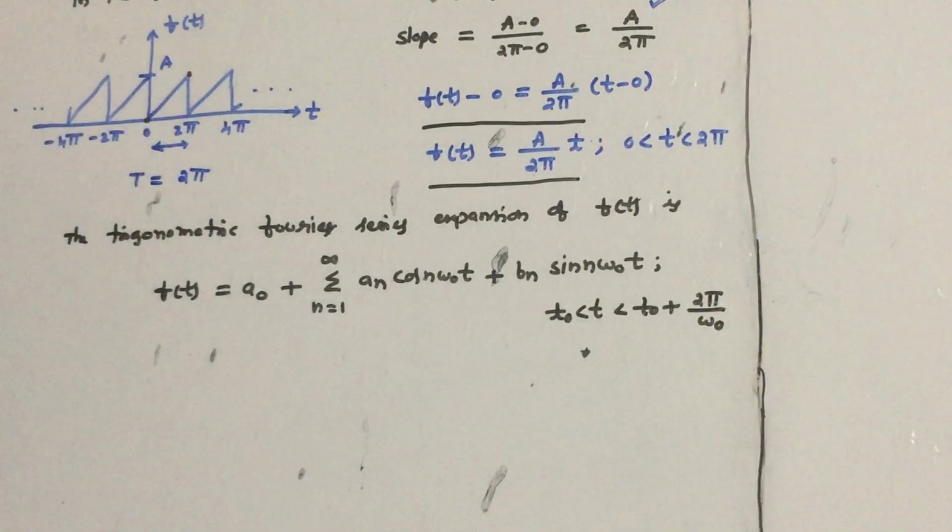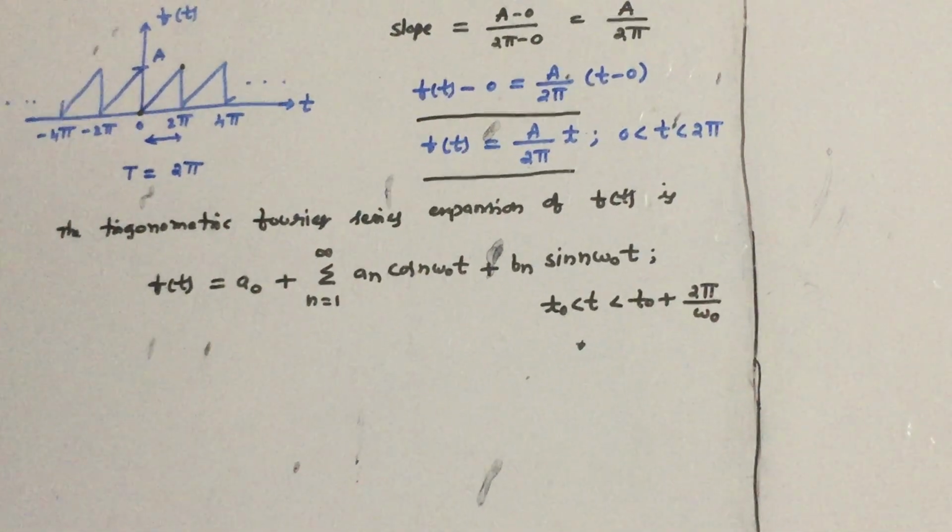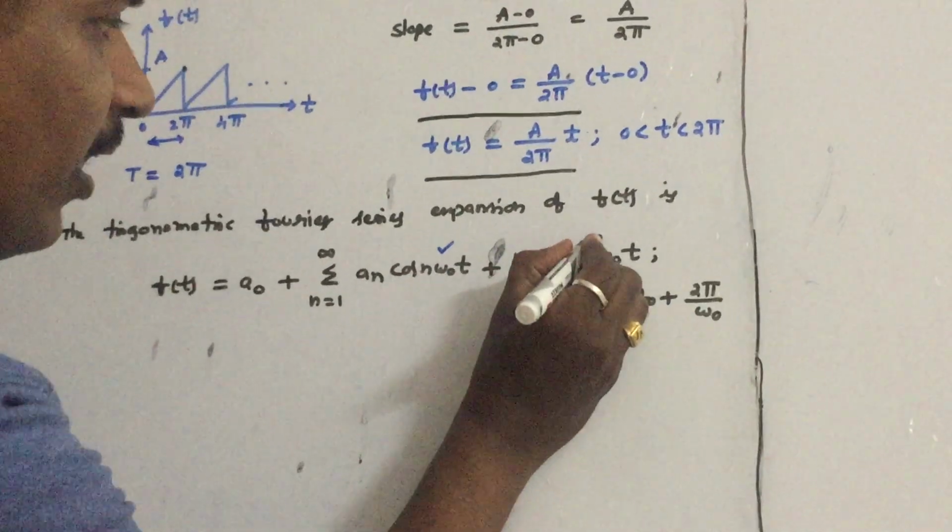That is one cycle. For every problem, as I said earlier, we want to find omega 0.